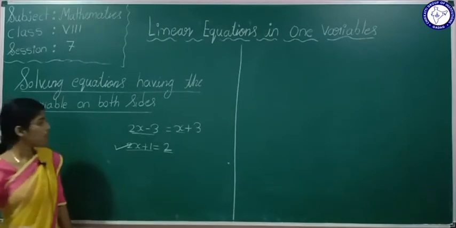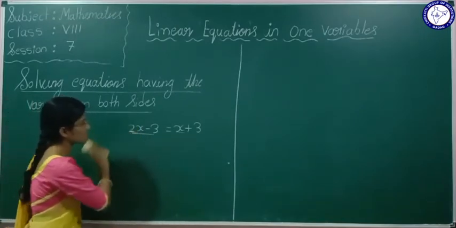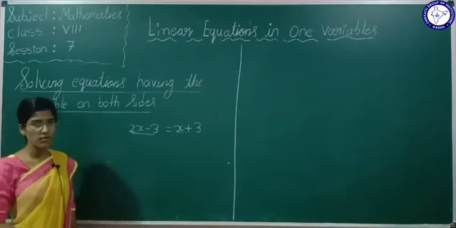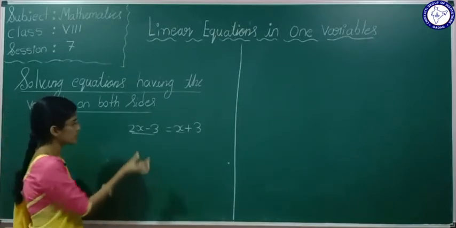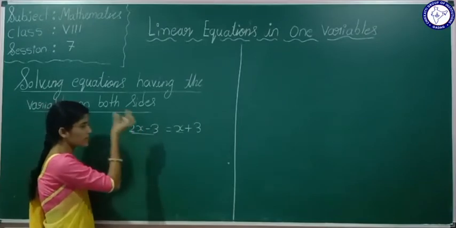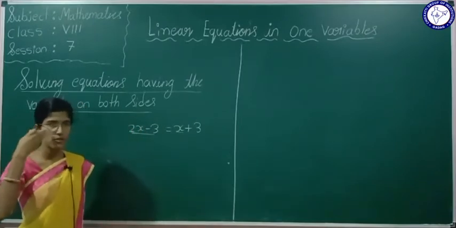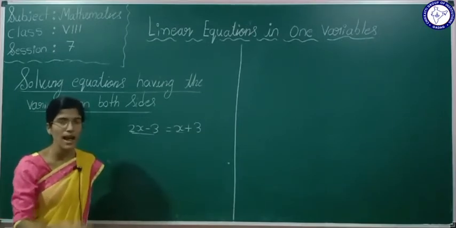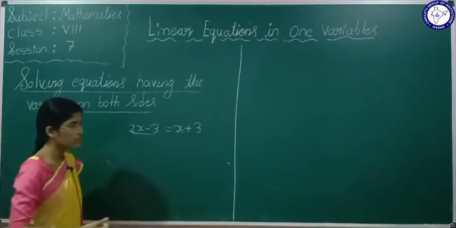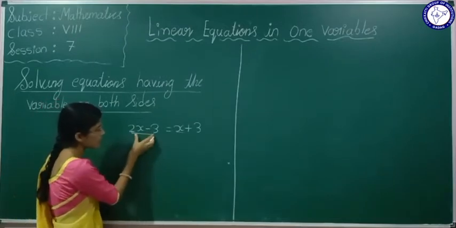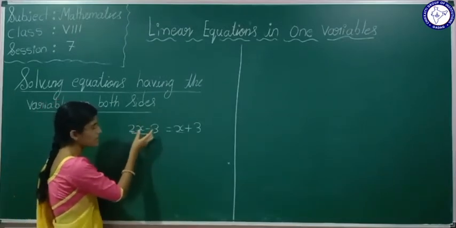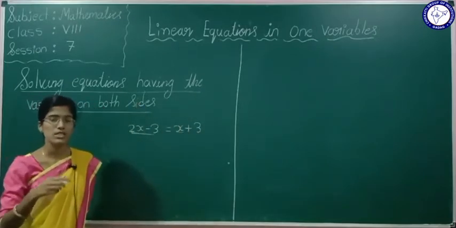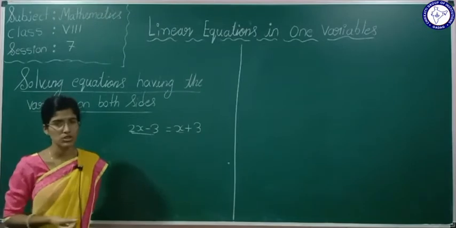Now see, this is an equation. How to solve this equation? We have to take variables on one side and constants on the other side, and then solve.